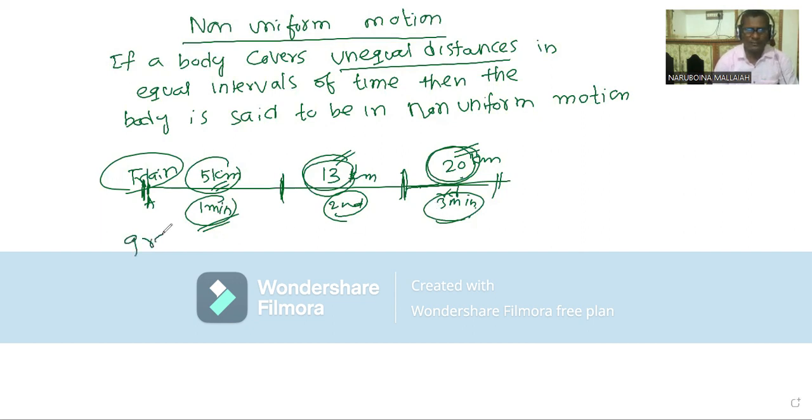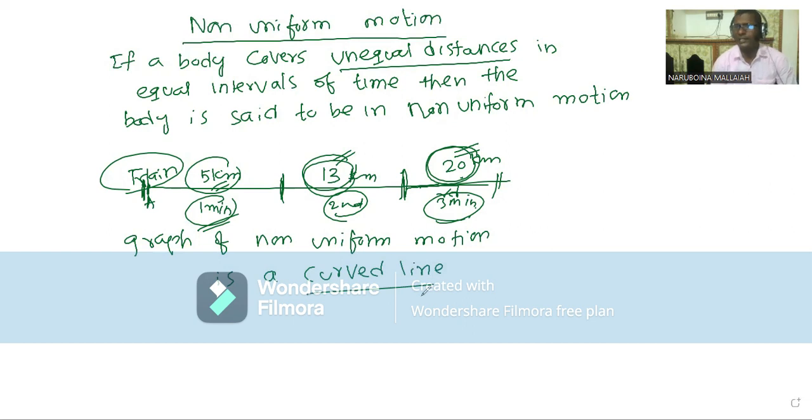Graph of non-uniform motion is a curved line. We call it a curved line, not a straight line. Let us draw a diagram so you can understand it clearly. On the x-axis, what do we have to take?